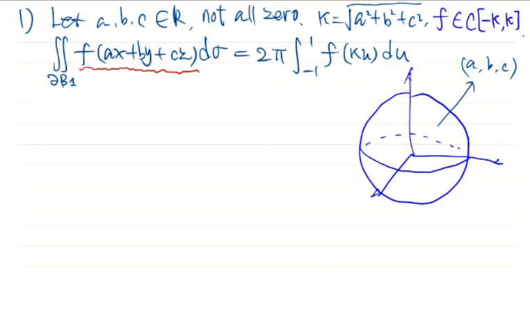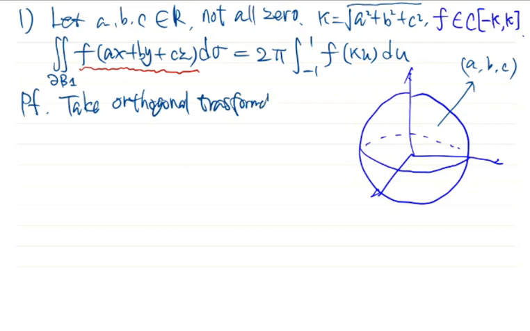So to prove this result, we take an orthogonal transformation, that is T. Under this transformation, the new coordinates are xi, eta, zeta.